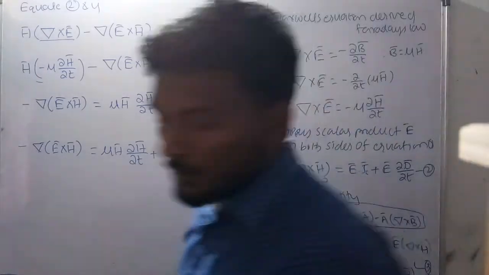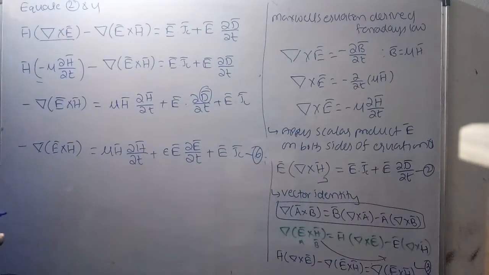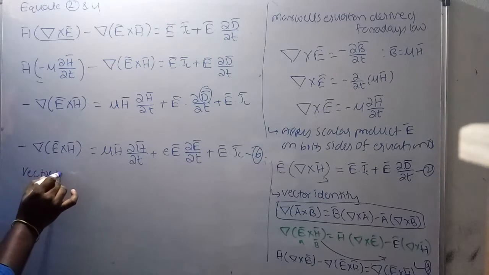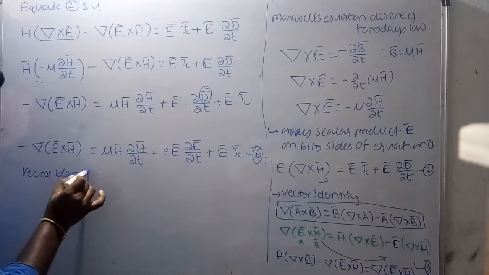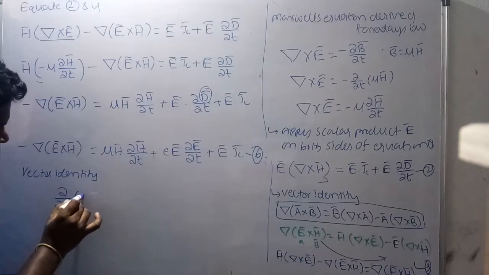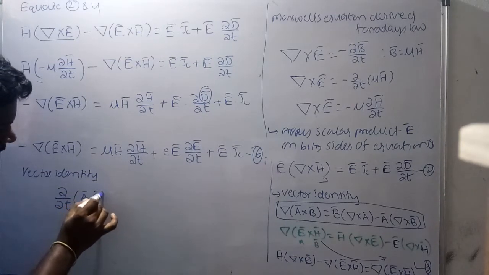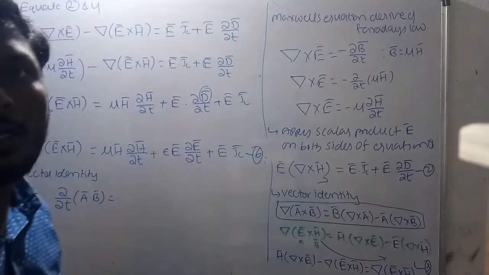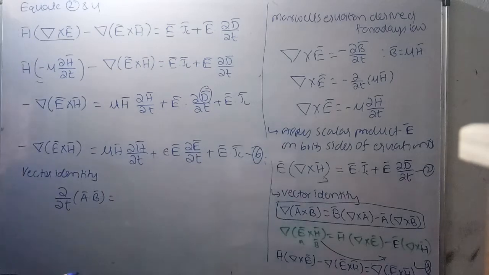Now see, we have a vector identity here. We also have another vector identity, that is dou by dou t of a bar dot b bar. If we have a vector identity between two vectors a bar and b bar, it will be like this.